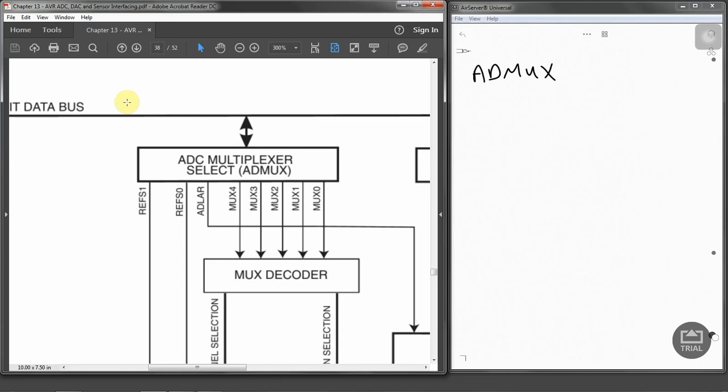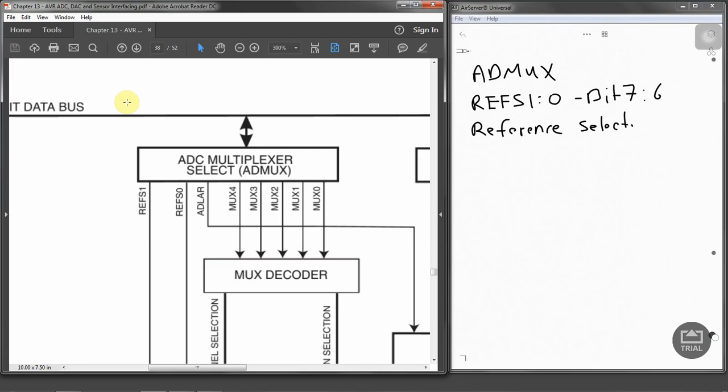In these 8 bits, we have got the most significant bits, REFS1 and REFS0, which are bits 7 and 6. These are known as reference bits. What are those reference selections?